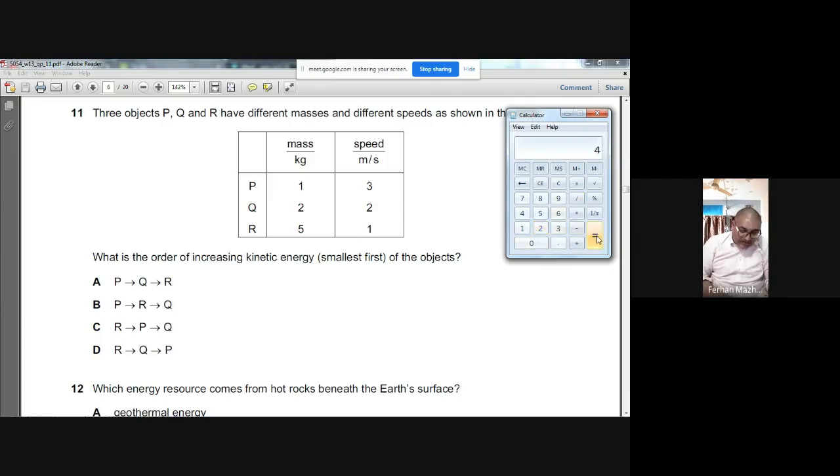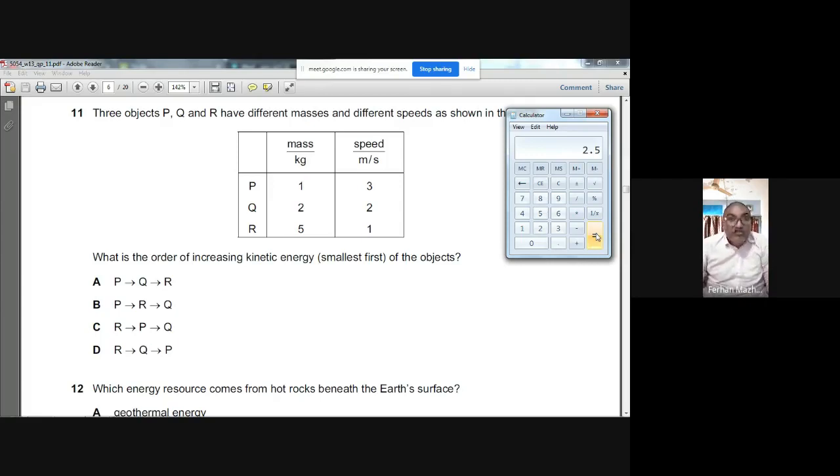So the kinetic energy of Q is 4 joules. And for R, the mass is 5, the speed is 1, so 1 multiply 1 and then divided by 2. So you get 2.5.